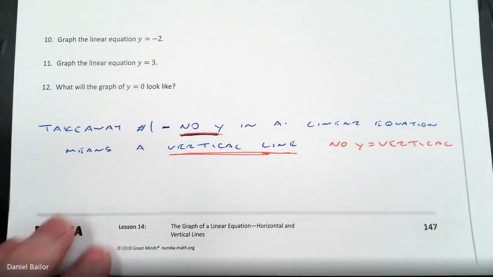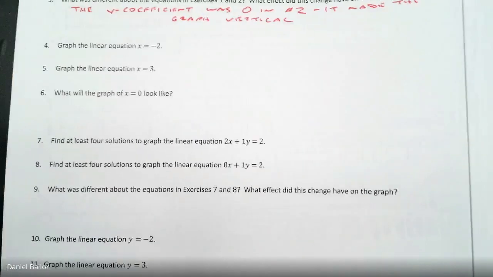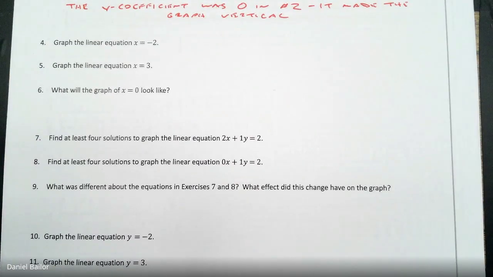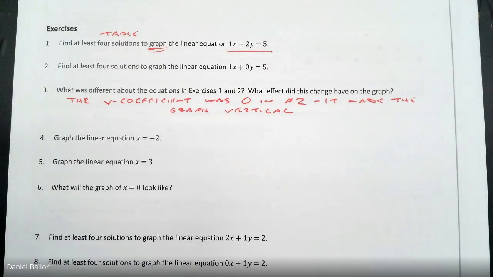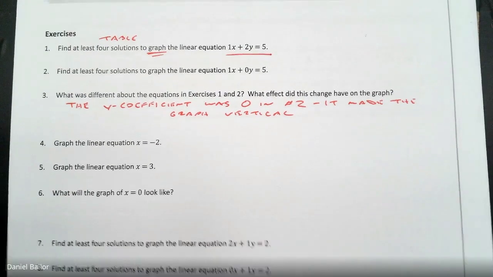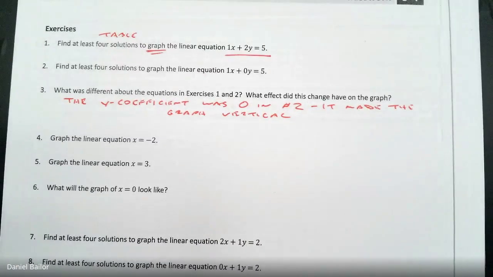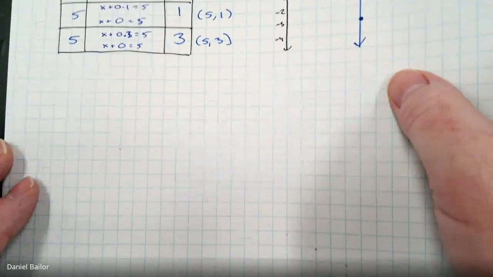That was the first group, number 1, 2, and 3. Now let's try 4, 5, and 6. So let's graph again. Let's start down here underneath number 2.